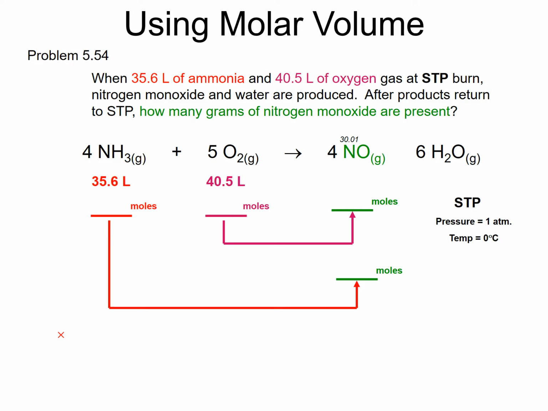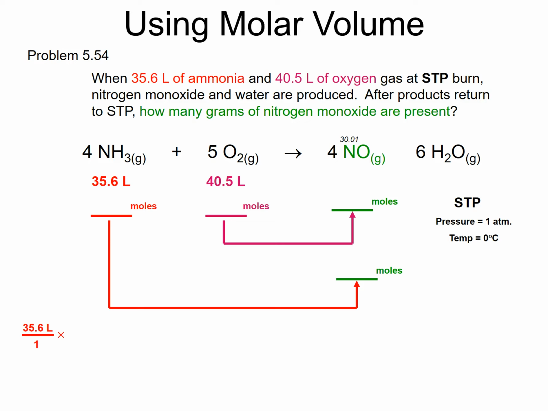Okay, so let's start with 35.6 liters down there in the lower left-hand corner. We're going to work the problem in red first, and we need to convert 35.6 liters into moles. Well, we have the molar volume of a gas from the previous slide, and we are also assured that these are conditions of STP.